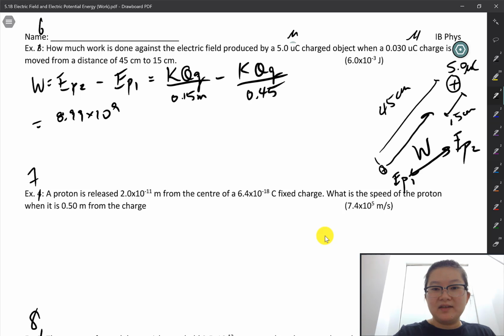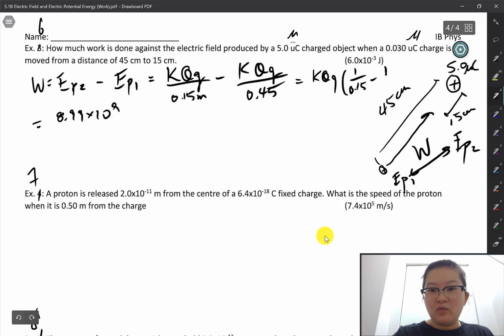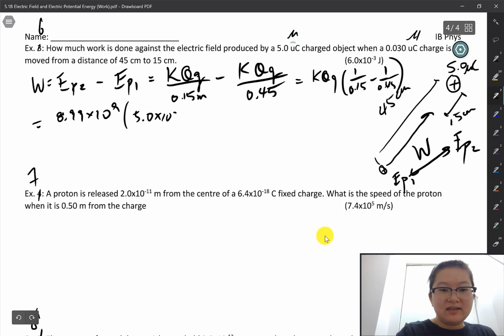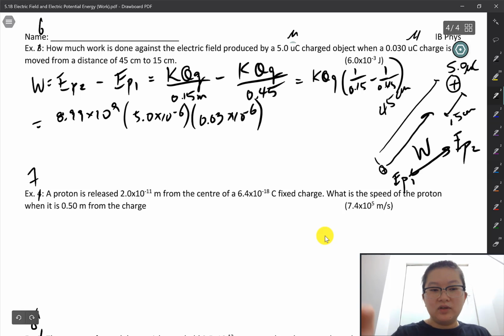I can just simplify this as K big Q small q and then 1 over 0.15 minus 1 over 0.45. Okay, so my Q values are 5 microcoulombs. I'm going to be less lazy here. And then the other one is 0.3 times 10 to the power of negative 6 coulombs. And my inverses, 1 over 0.15 minus 1 over 0.45.